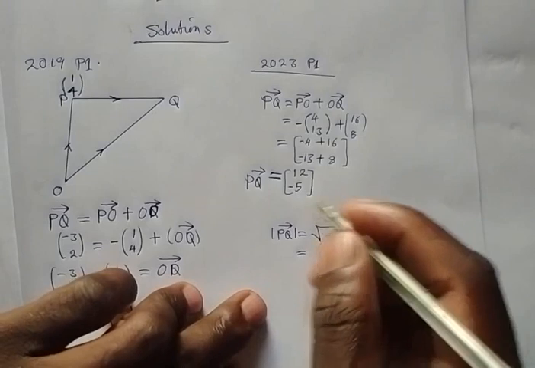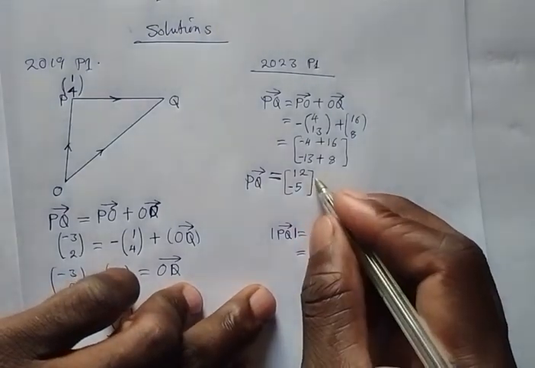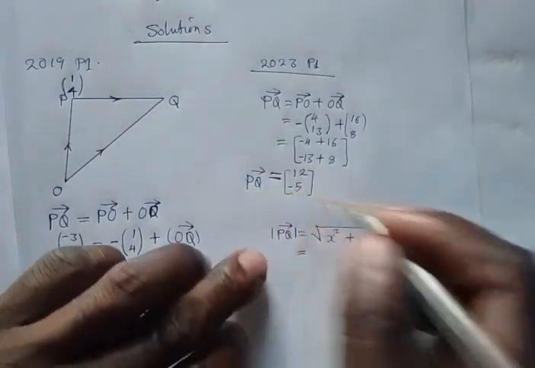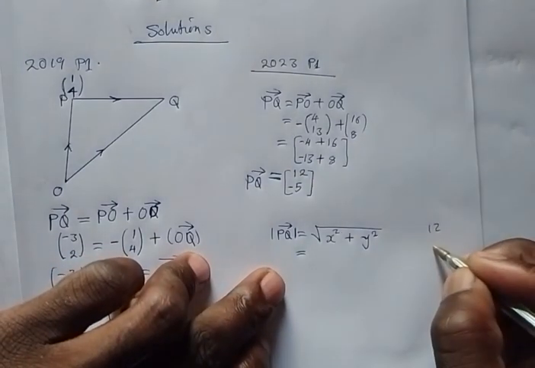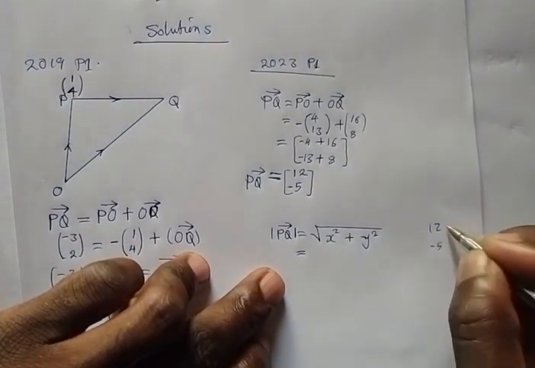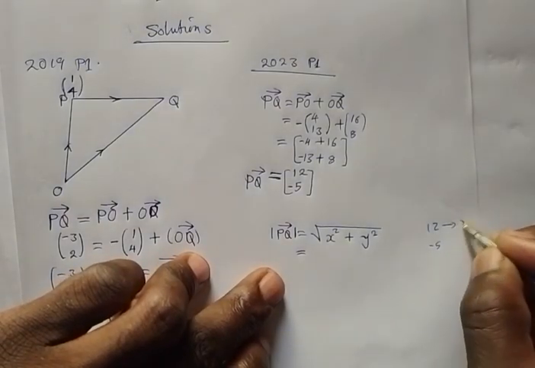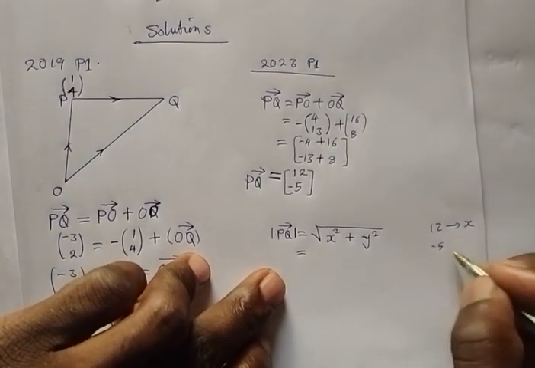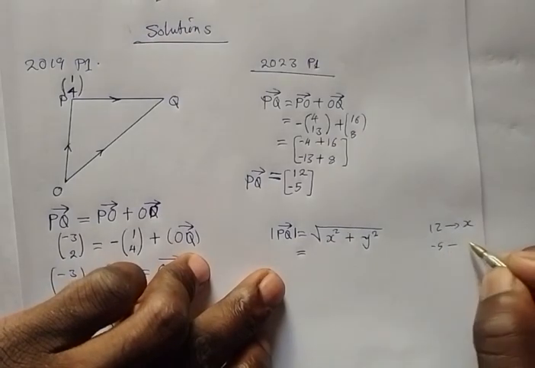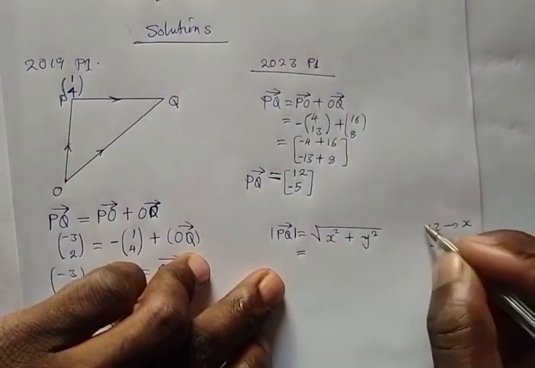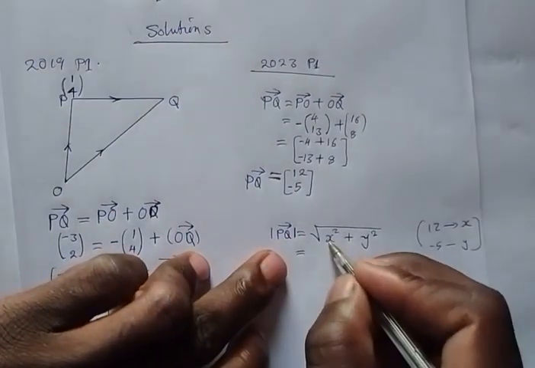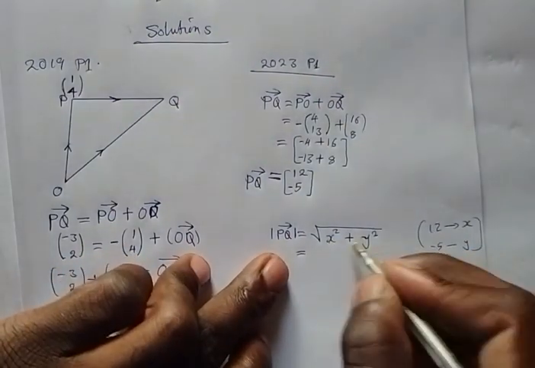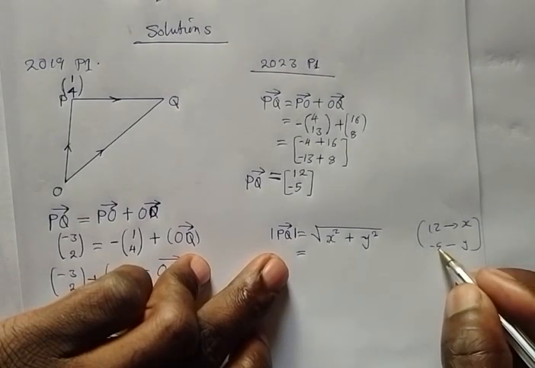From the vector which we have found, we have 12, then negative 5. This 12 represents the x value, and this 5 represents the y value. So where there is x here, you are going to put 12, and where there is y, you are going to put negative 5.